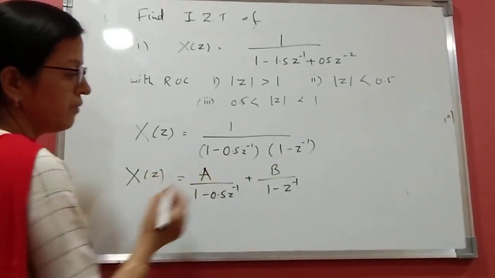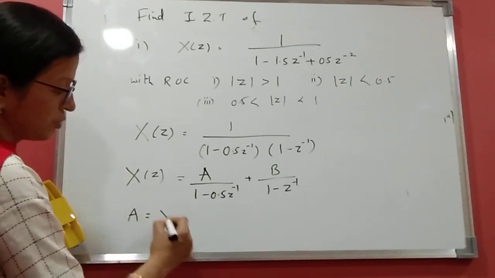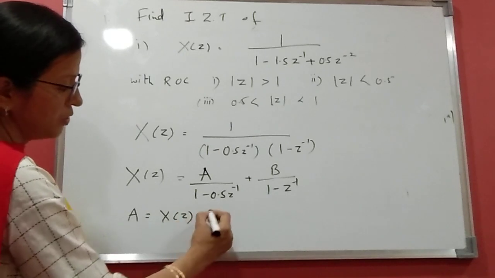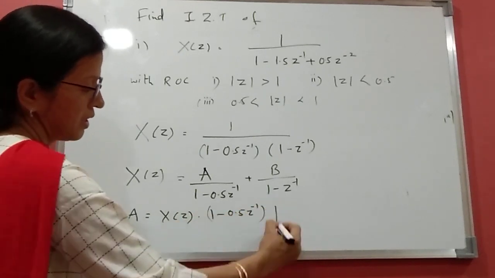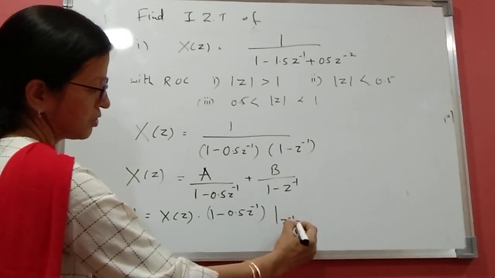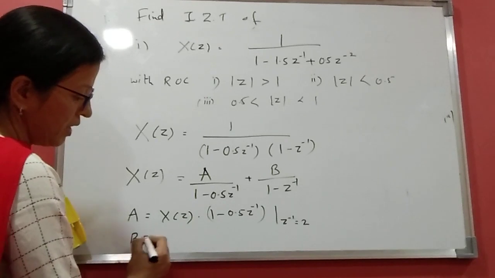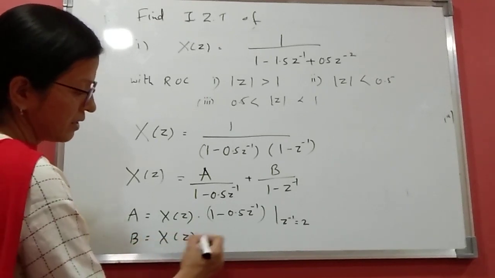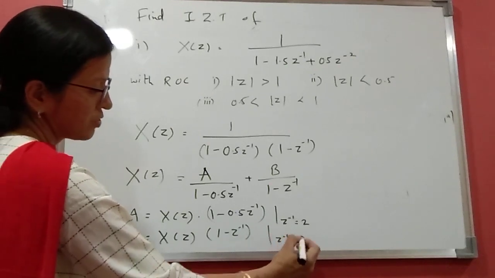Now for finding A and B, we can use Cauchy's residue theorem, which says that A equals X(z) into (1 minus 0.5 z inverse) with z inverse equals 2. Similarly, B equals X(z) into (1 minus z inverse) with z inverse equals 1.